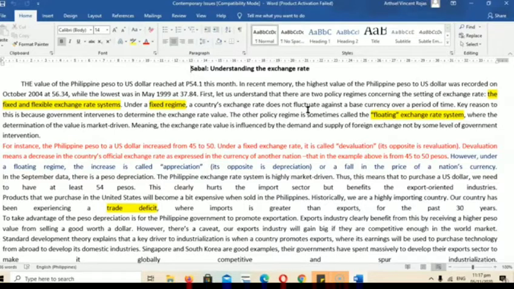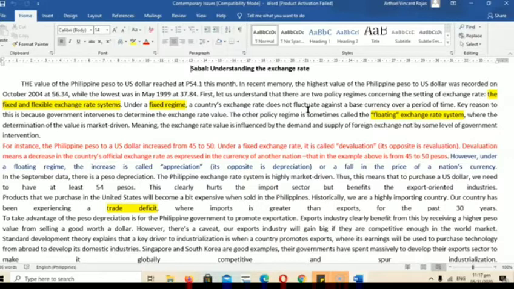The other policy is the floating exchange rate, where the determination of the value is market driven, meaning the exchange rate value is influenced by the demand and supply of foreign exchange, not by any government intervention. So when we say floating exchange rate, the control is based on the supply and demand of the foreign currency.